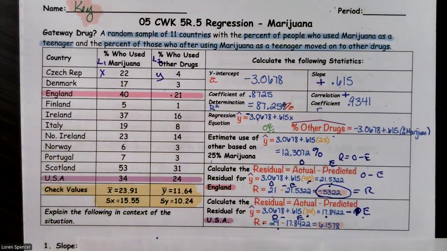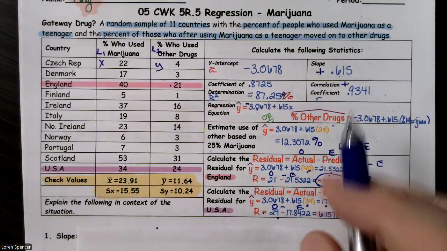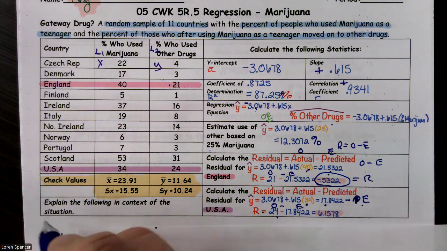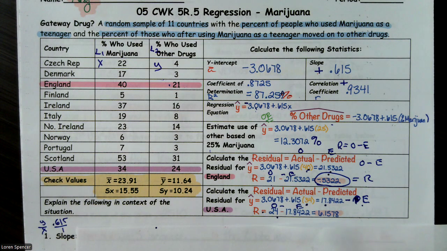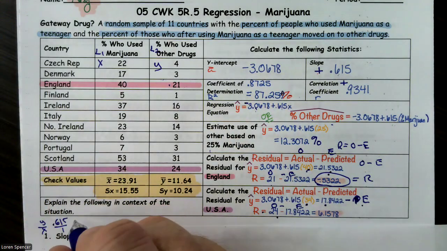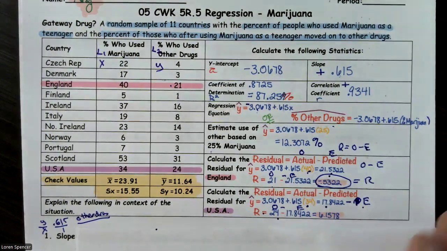Slope. Our slope happens to be positive 6.15. So I'm going to go ahead and write that as a fraction: 0.615 over 1. And remember, it's always y over x. Well, what was our y? Our y is other drugs, and our x was marijuana.